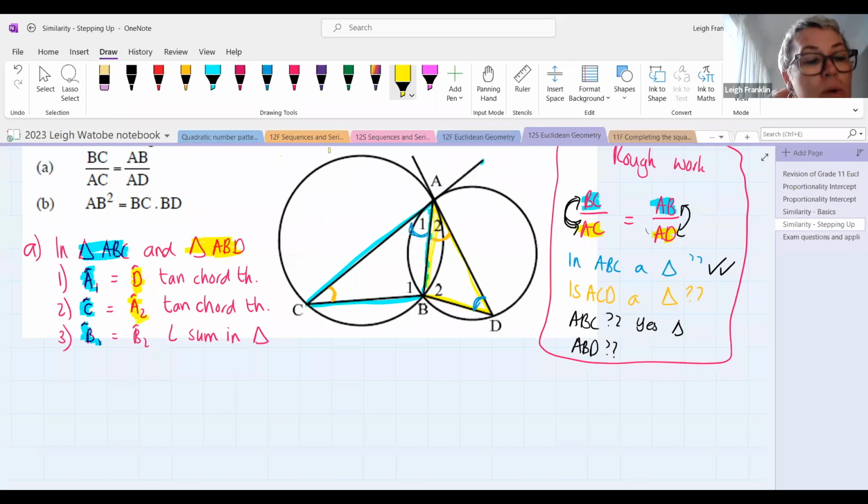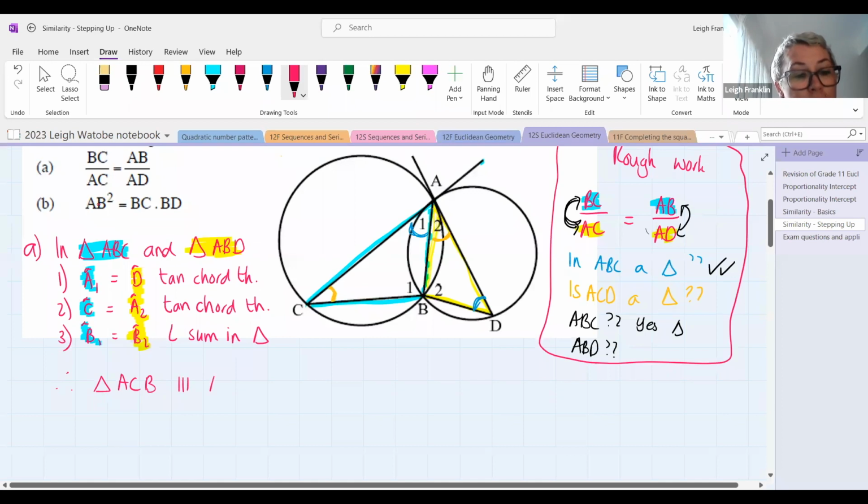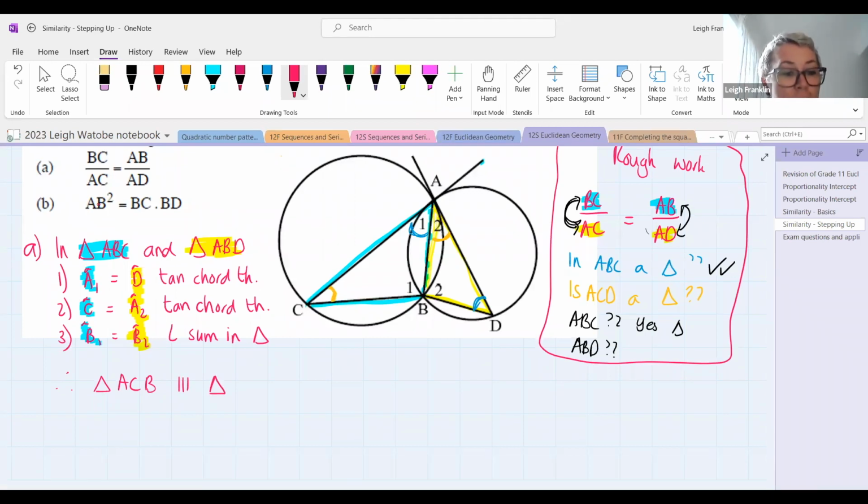And that's how we can get our order correct. So what I'm going to do is this. I'm now going to conclude. Therefore, triangle ACB is similar to triangle, okay, the order is important, DAB. Reason, angle, angle, angle.